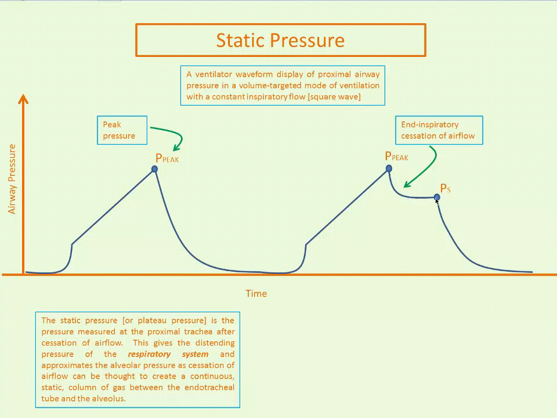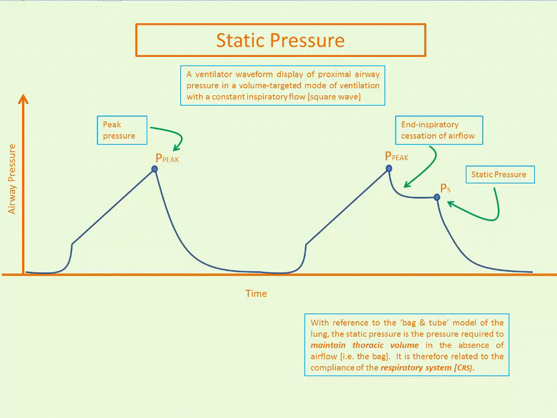And then this pressure is the plateau pressure, and this is the pressure required at the proximal trachea to maintain a given thoracic volume at no airflow. And it can be thought of really as your alveolar pressure at end inspiration, because if you've ceased flow, then you can think of this as being a continuous static column of gas between the endotracheal tube at the proximal trachea and the alveolus.